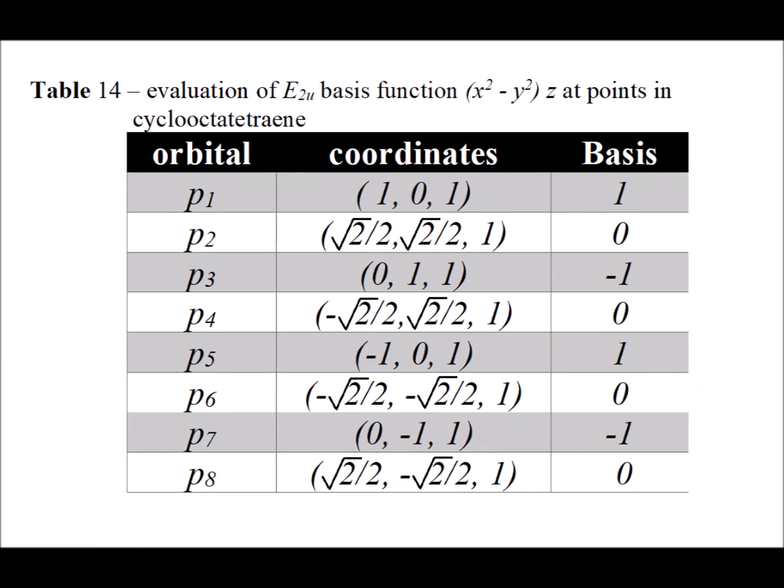The final irreducible representation for pi bonding is E2U, and here we evaluate the first of the basis functions, x squared minus y squared quantity times z, at each of the 8 symmetry equivalent points where we have those carbon pz orbitals that make up our pi bonding.